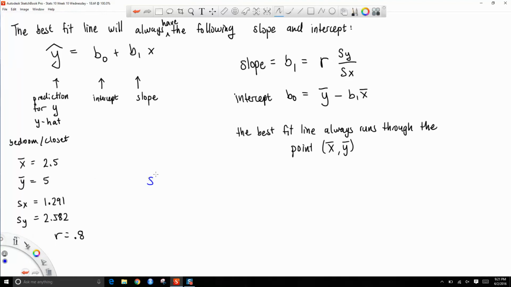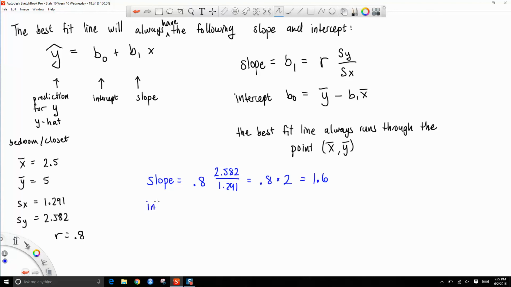The slope is r, 0.8, times 2.582 divided by 1.291, which is 0.8 times 2, giving a slope of 1.6.